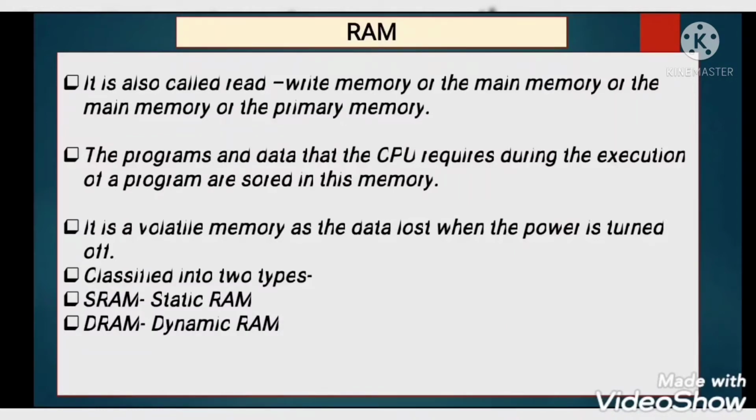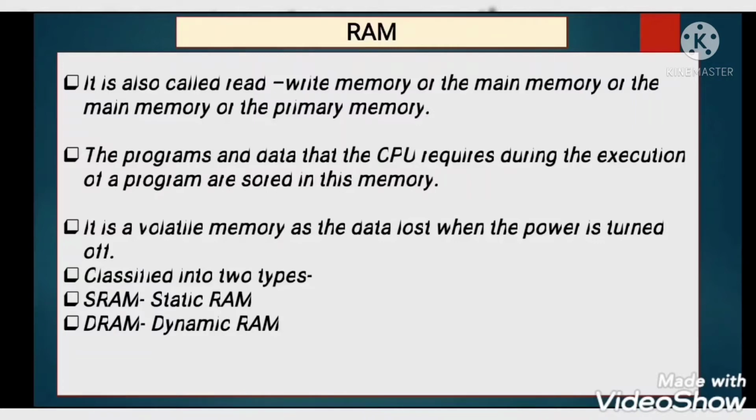The program and data that the CPU requires during the execution of a program are stored in this memory. That means whenever you are working, different types of data will be stored here. RAM is a volatile memory, as the data is lost when the power is turned off. Already we learned this point in the difference.